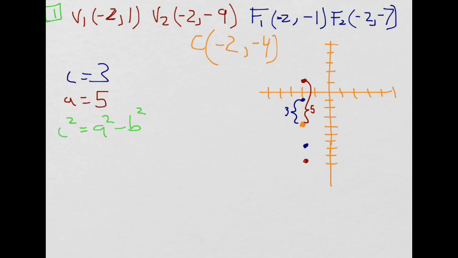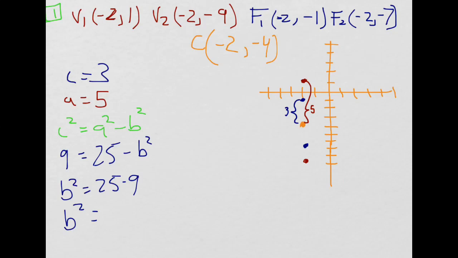If we substitute our values in, we get 3 squared, which is 9, equals 5 squared, which is 25, minus b squared. So if we rearrange that, we get b squared equals 25 minus 9. So b squared equals 16, and hence b equals 4.